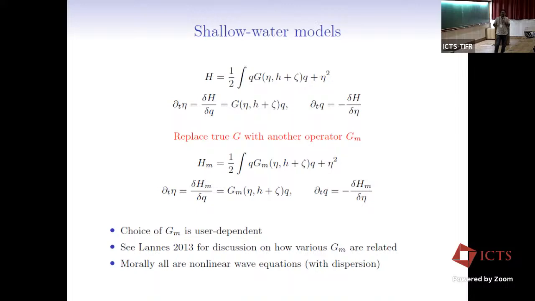Physically, you can just think of all of these equations as nonlinear wave equations. So think of your usual wave equation, add a bunch of nonlinearities. Technically, they are all dispersive wave equations, so they're not just the hyperbolic wave equation. They can be dispersive as well. But at this stage, that's just a detail.